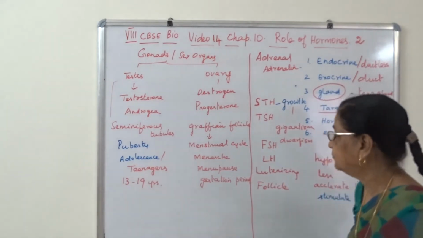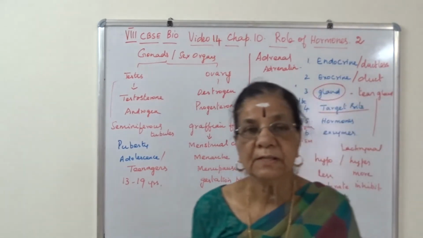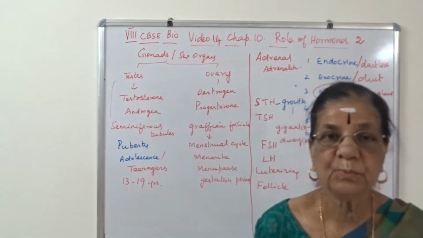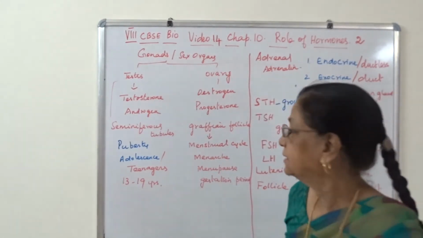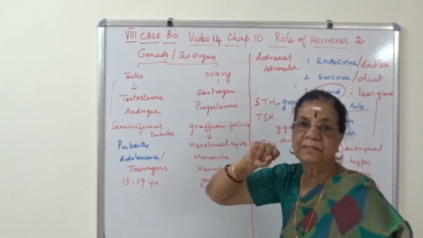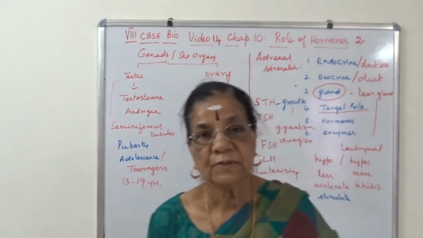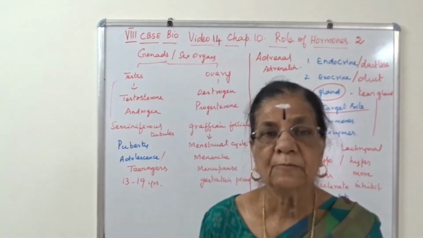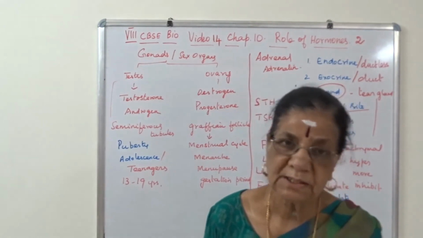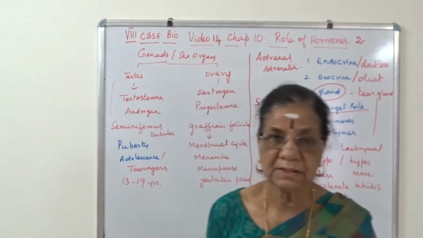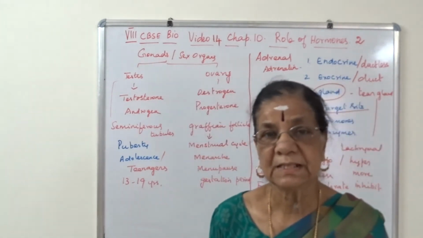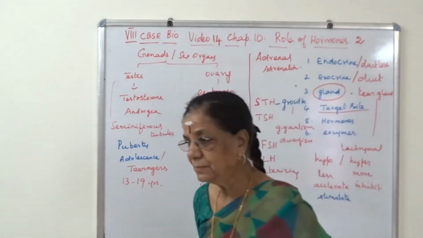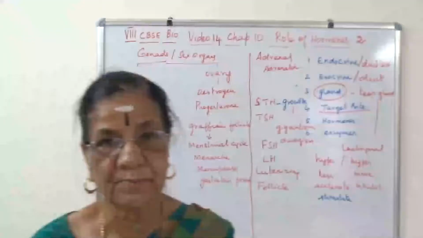So in female, when a female is attaining maturity, puberty, then the menstrual cycle begins. When puberty is reached by a female at the age of 13 onwards, normally menstrual cycle starts. What does it mean? We have learned female reproductive system, is it not?